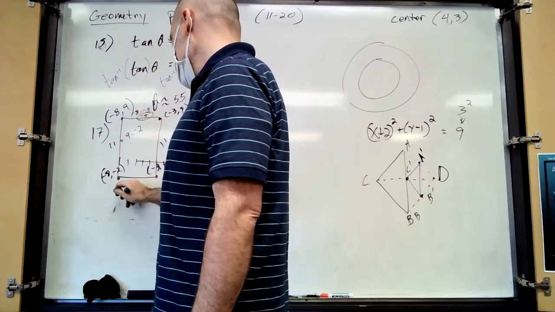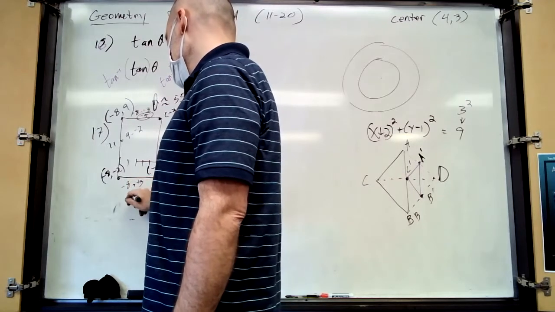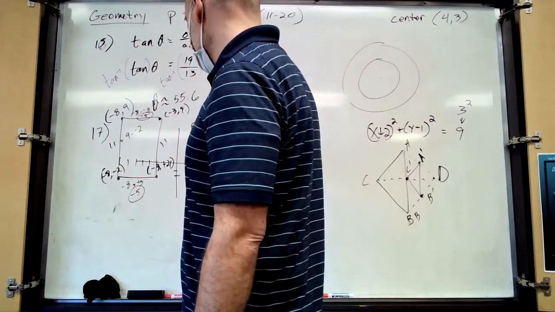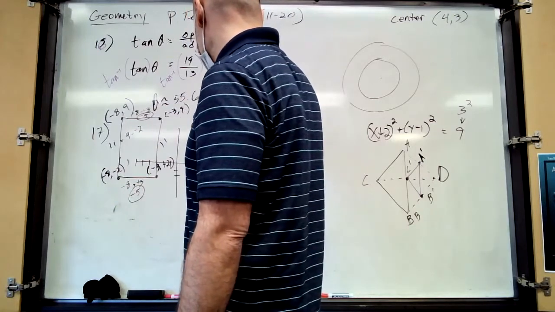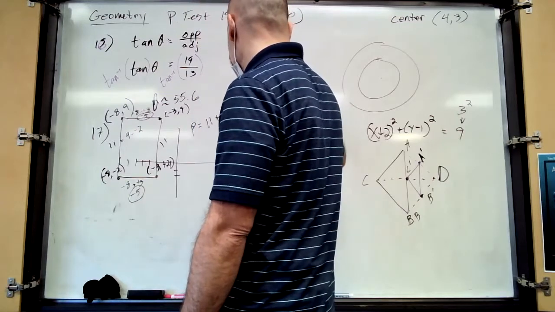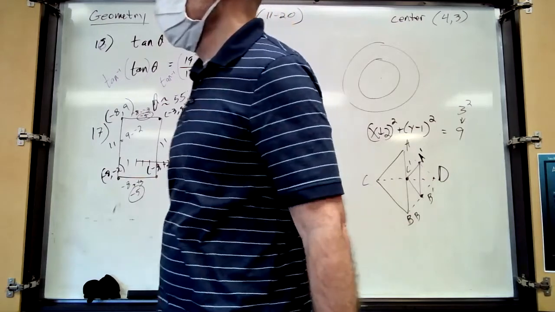And this is negative 8 minus negative 3 again, which is also 5. So perimeter is 11 plus 5 plus 11 plus 5. So 22 plus 10 is 32 units is the perimeter.